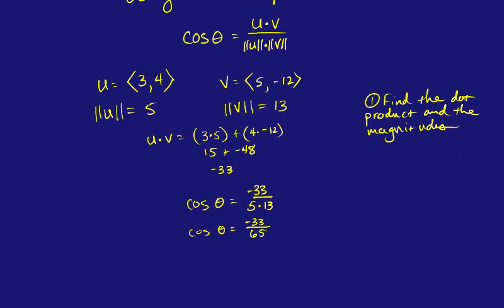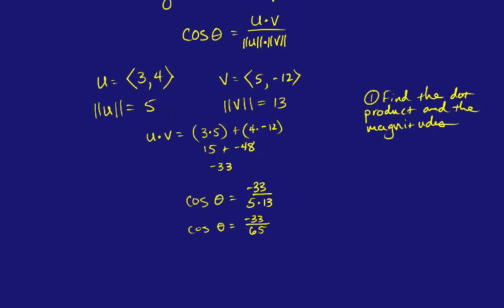And so you just need to do the inverse cosine in order to get the answer. So theta is going to equal inverse cosine of -33 over 65. And whatever your calculator says that is the answer. Make sure you're in degrees, unless your teacher wants it in radians. But I'll do it in degrees just so that it hopefully can work out the same.